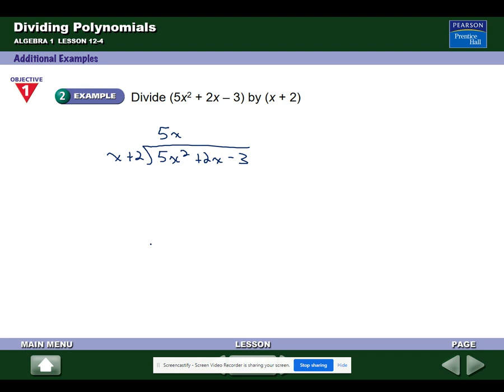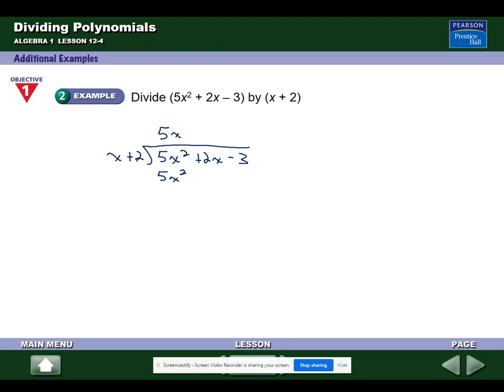The reason we need it that way is because when you multiply around, just like I showed you at the beginning, you're going to multiply this by this, this being a binomial now. This is why this problem is different than the last one. When you multiply 5x by this binomial x plus 2, you're going to get 5x squared in this position. That's what we need, because the next step is to subtract down, and we need that to be 0.